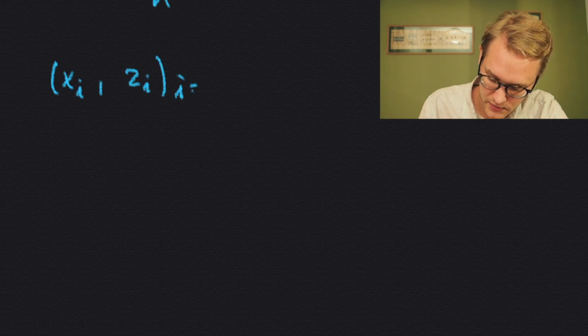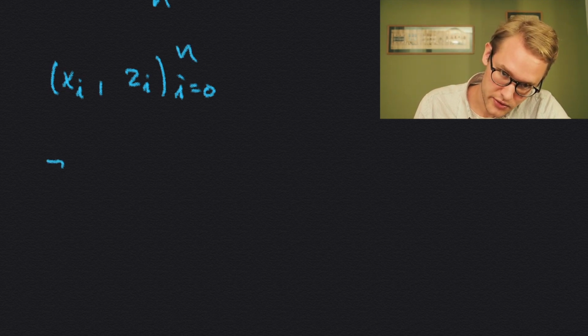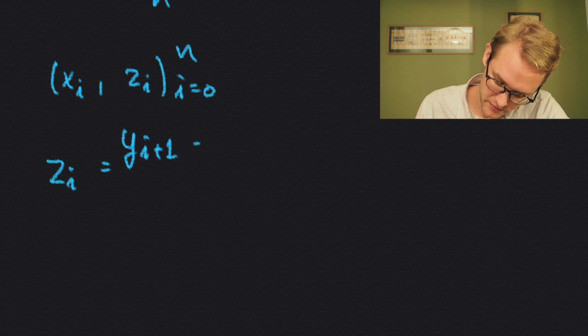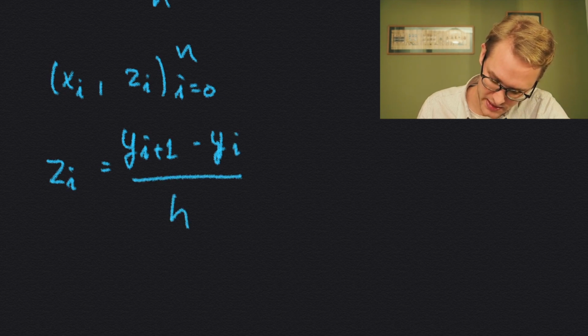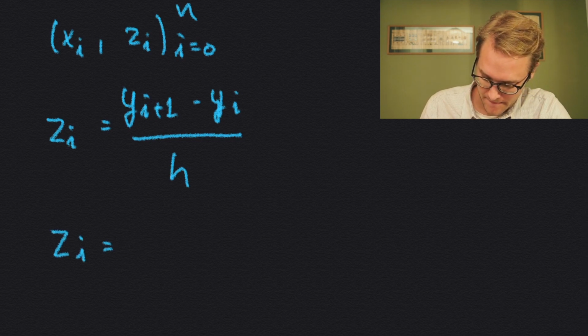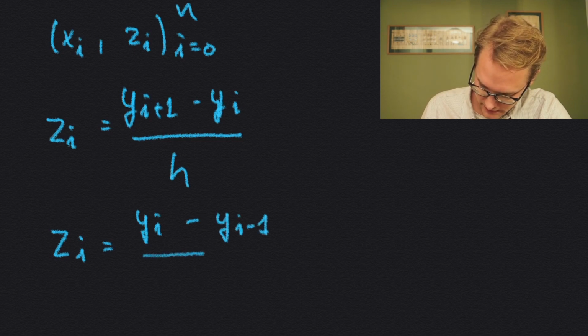There we go. A discrete approximation of the derivative of this function f would now be given by a new set of points xi, zi from i equals 0 all the way to n, and now we can compute them either by y i plus 1 minus yi divided by the spacing, or alternatively we have yi minus y i minus 1 divided by the spacing.